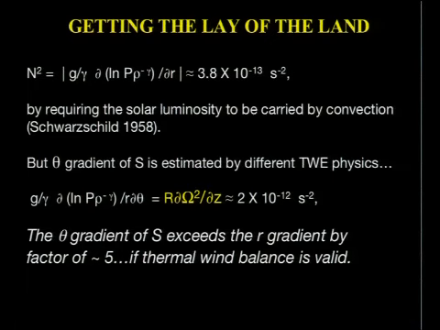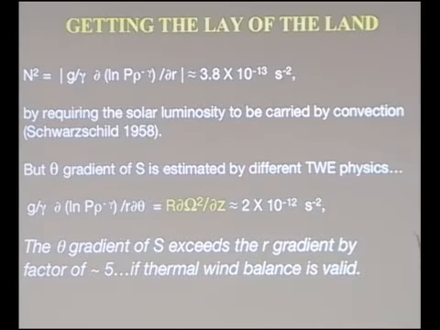So let's put in some numbers to get a sense of the lay of the land. A standard exercise that essentially all students of astrophysics go through at some point when they learn about stellar structure and convective zones is to get an estimate of the entropy gradient, or usually the departure of the temperature profile from a strictly adiabatic temperature profile that is required in order for the solar convection to transport the entire solar luminosity.